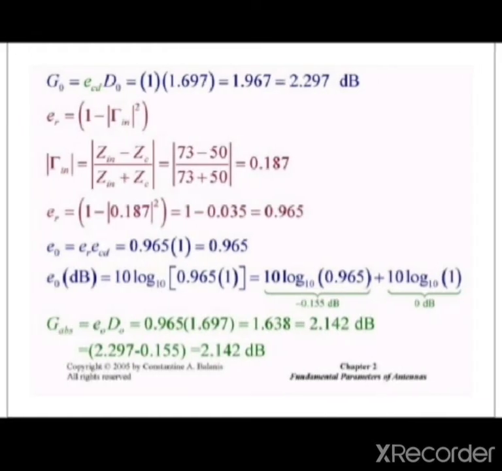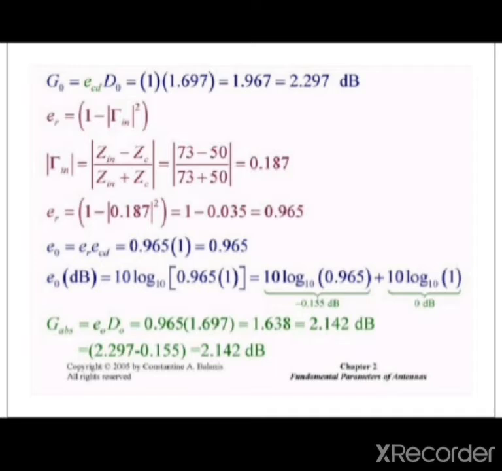Now, considering it in decibels, 10 log of this value, you will get 2.297 decibels. Similarly, e_r is equivalent to 1 minus the magnitude of gamma in, squared. Therefore gamma in is equivalent to Z in minus Zc divided by Z in plus Zc.